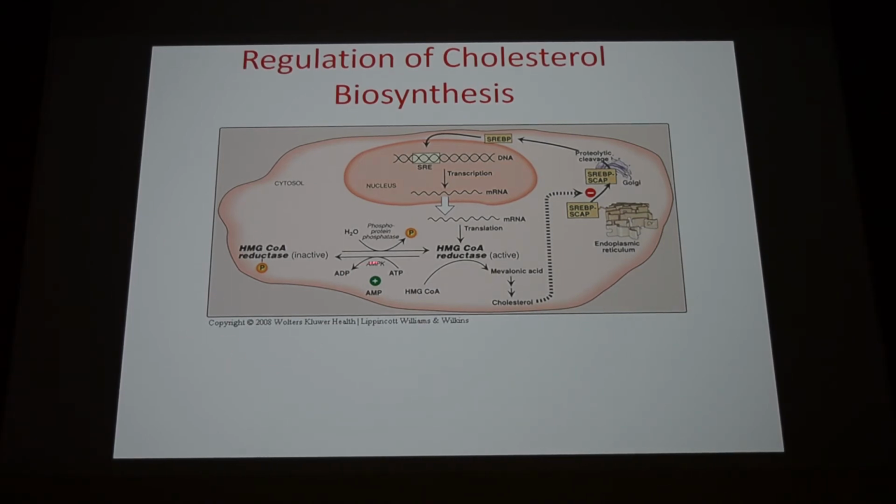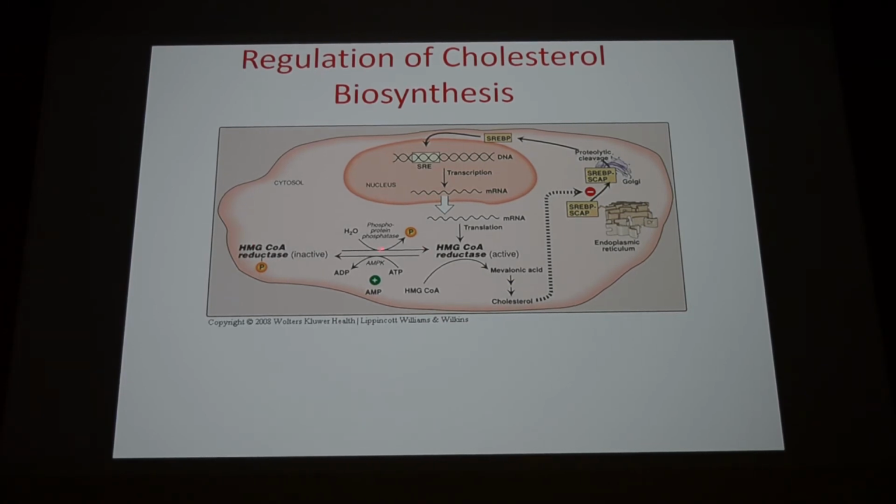HMG-CoA reductase is the enzyme that forms mevalonic acid. It is inactive when it is phosphorylated, as I said, and the cyclic AMP-dependent protein kinase will phosphorylate it, and it is dephosphorylated by a phosphatase enzyme.